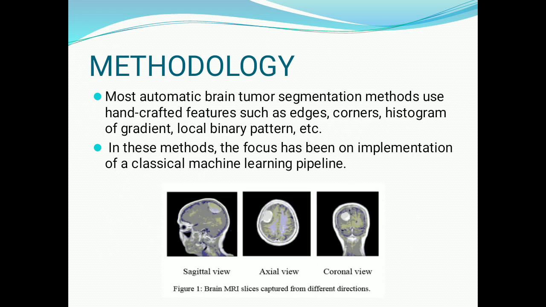Here comes the methodology that we have used to overcome the brain tumor segmentation. Most automatic brain tumor segmentation methods use handcrafted features such as edges, corners, histogram of gradient, local binary pattern, etc. In these methods, the focus has been on implementation of the classical machine learning pipeline.